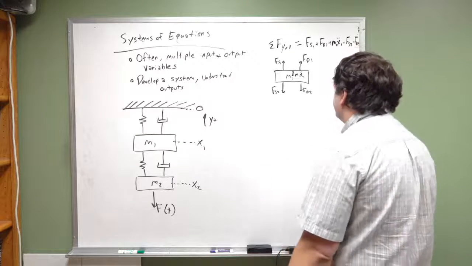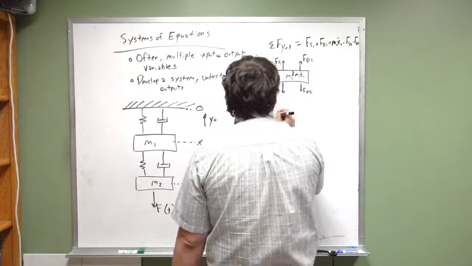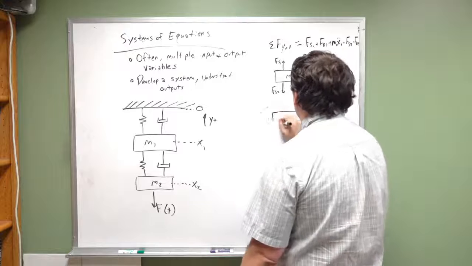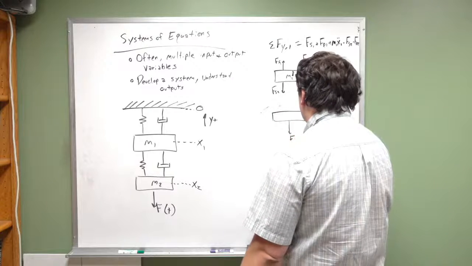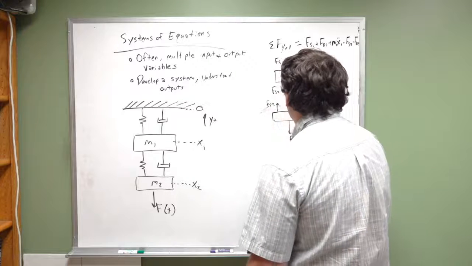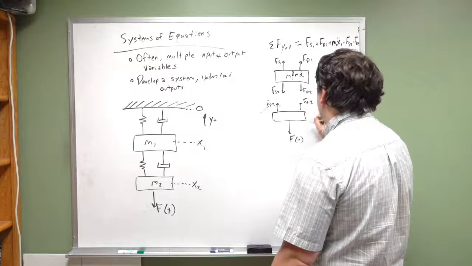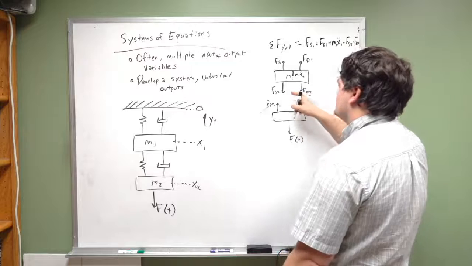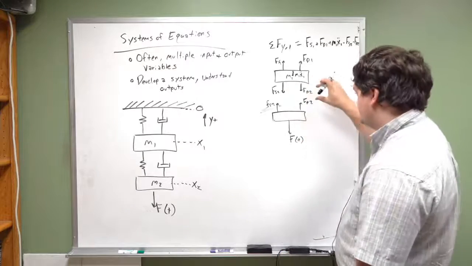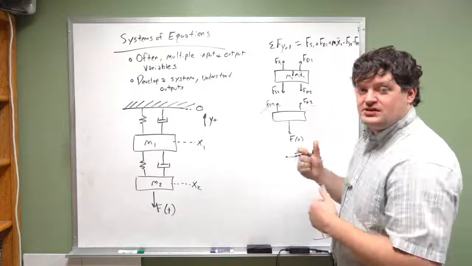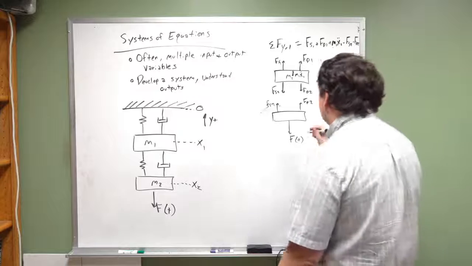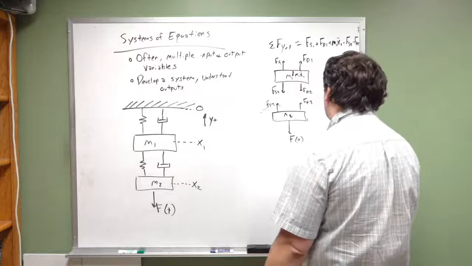And then for our second object, we've got our forcing function, which is f of t. You've got fs2, you've got fd2. Both of these are pointed opposite of each other. That's because we're assuming that this is in tension, providing a tension load. As long as these have the same sign convention, we should get the same answer here.